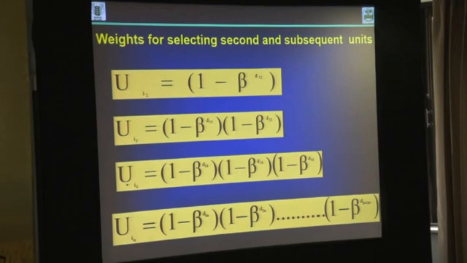Then once the second unit is selected, we take care of all other selected units. Now the basic uniqueness in this sampling design is that selection of the second unit is based on the first, and again for the third unit we are taking care of both first and second selected units.